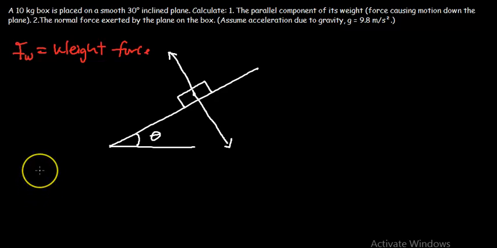Some diagrams may use different variables like Fg or mg in place of Fw. So where can we place this weight force? The weight force is the one pulling downward this side, which we can write as Fw.